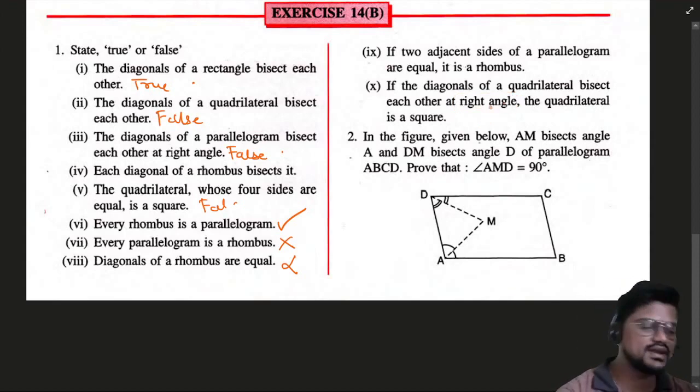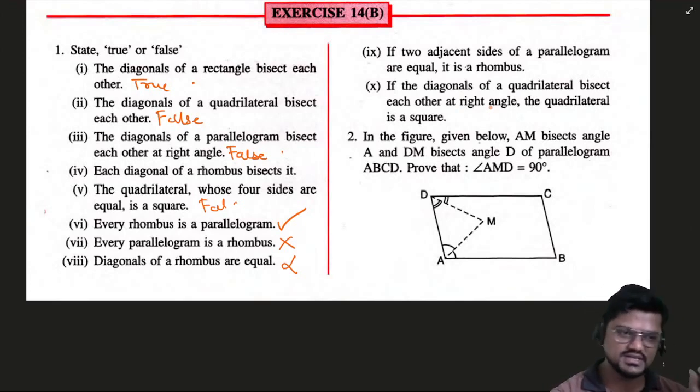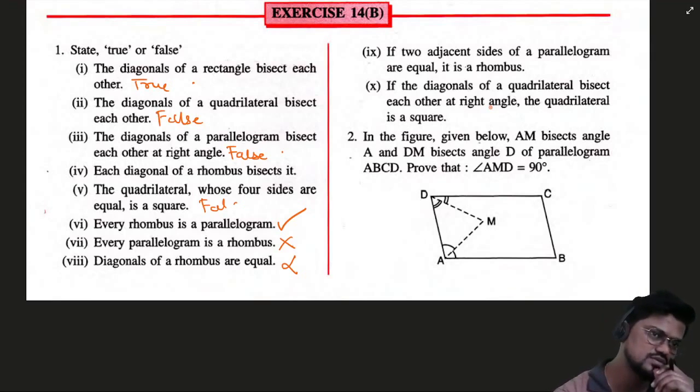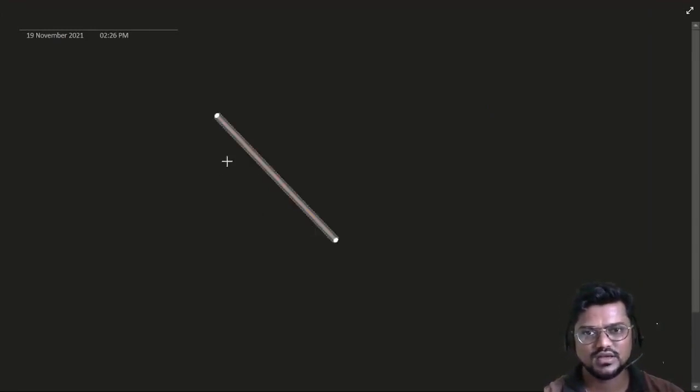But if the diagonals of a quadrilateral are perpendicular, it has to be a rhombus or a square only. Is it compulsory, or can it be any other figure also? Sir, a kite can be. But is it necessary to be a kite also? It is not necessary, because see, if these are the two diagonals, this is one and this is the other.